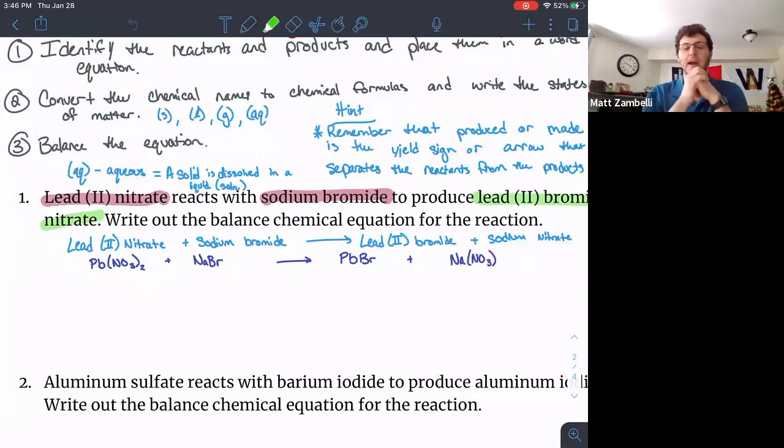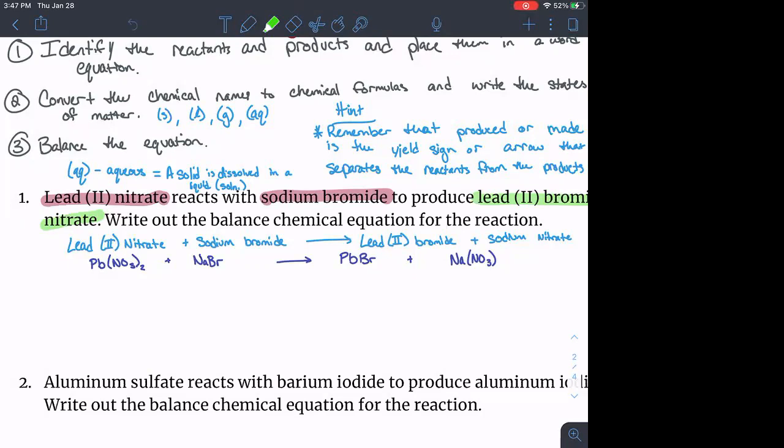Let's talk about it this way. When we're doing reactions, do you think we're going to take two solids and put them together and they're going to react usually? If I take two solids and just put them on top of each other, are they going to react? Do we see that happen often? No, it does not happen often. Solids don't usually react with one another.